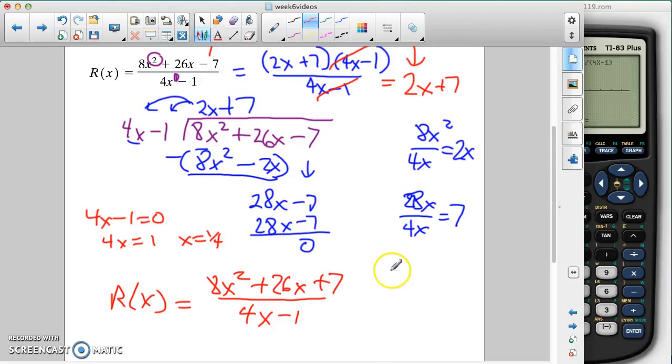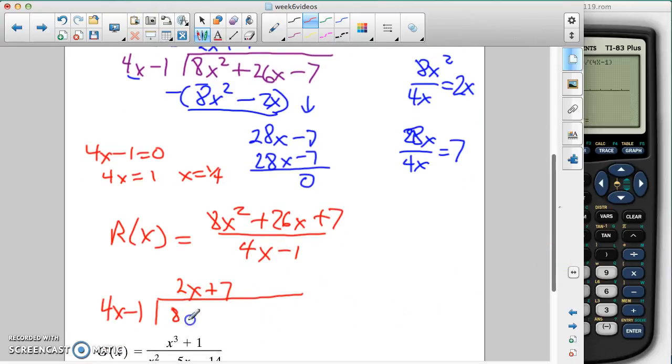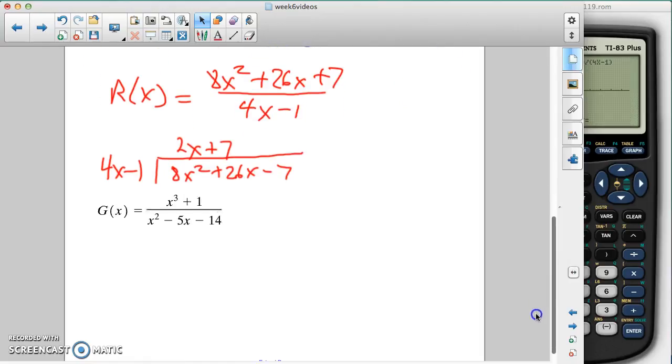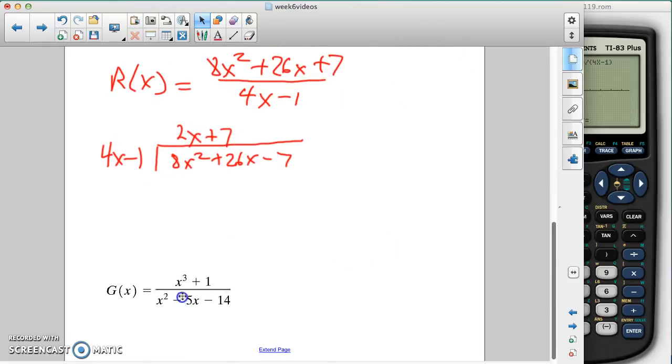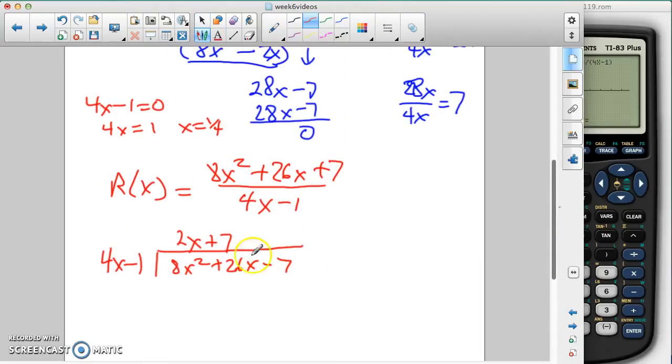In this case, when we did the division, if we looked at that first example, we'd get 2x plus 7 for this division. But then we would end up with a constant, so we'll put a plus here.